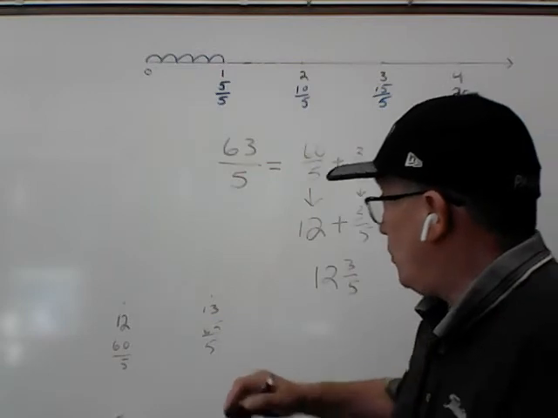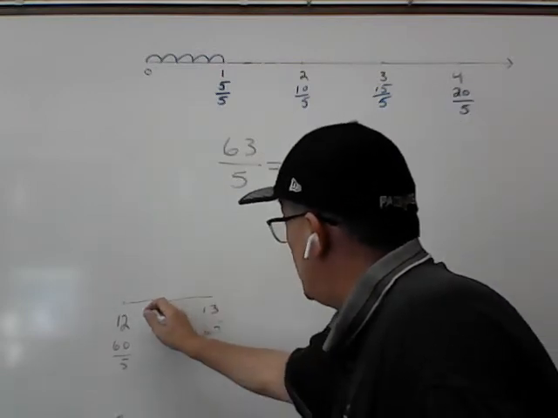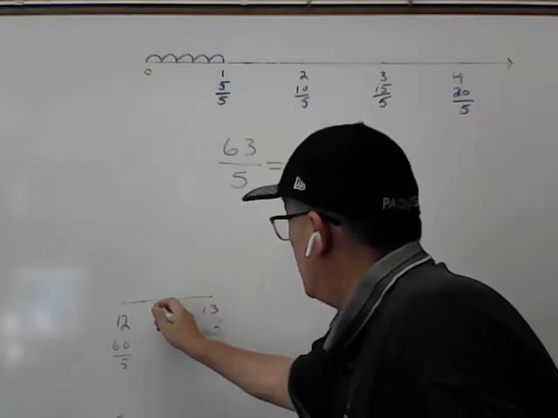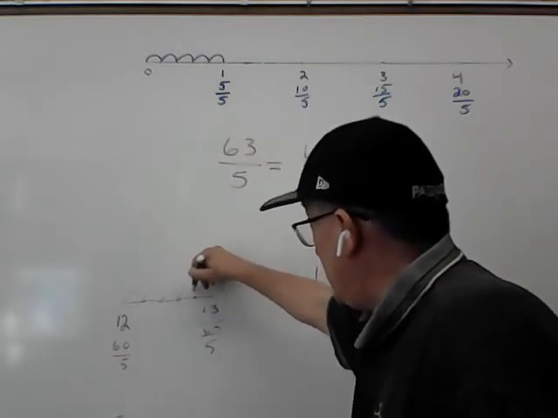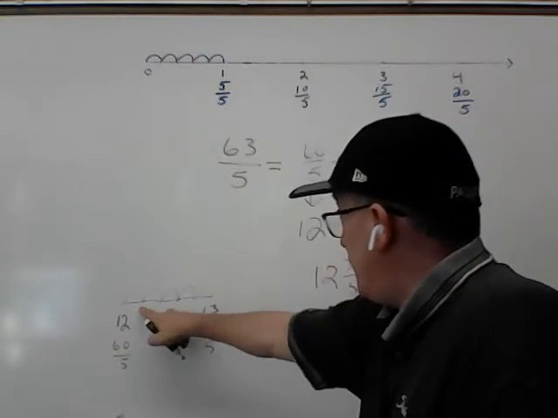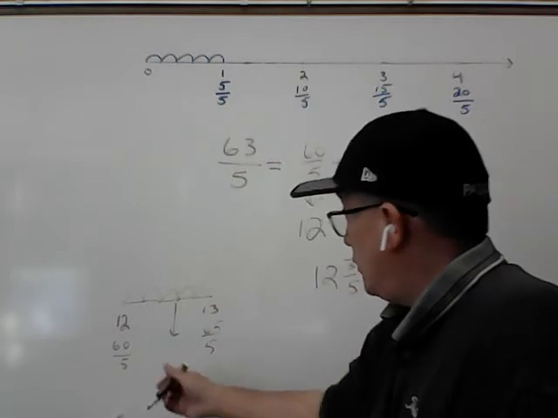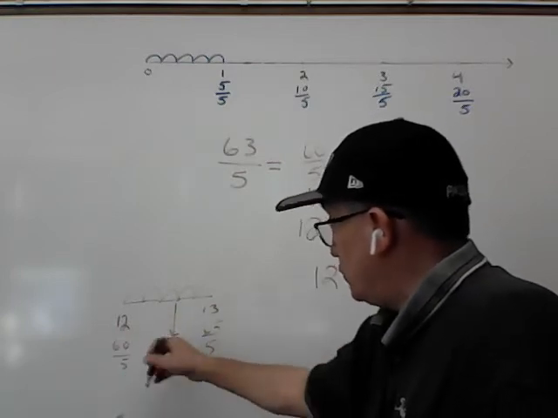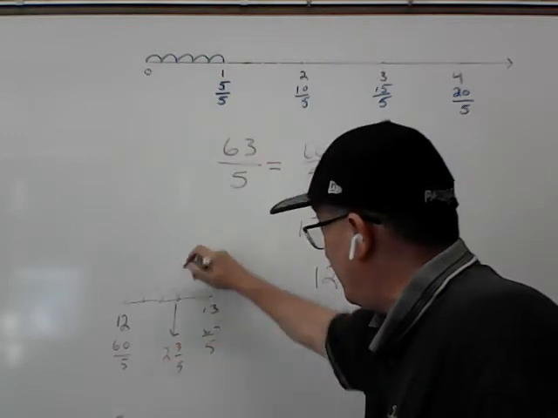And now 12 and 3/5, divide the number line into 5 equally sized pieces. Each of these is supposed to be a fifth. 1, 2, 3, 4, 5. And then go to the third one, right there. Okay, that's 3/5 past 12, so it's 63/5, but it's also 12 and 3/5.